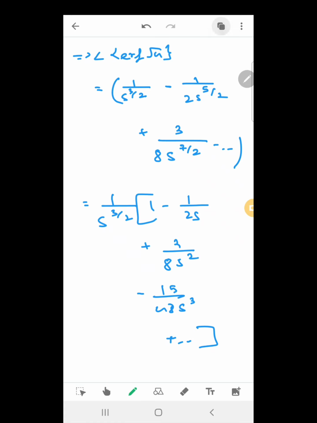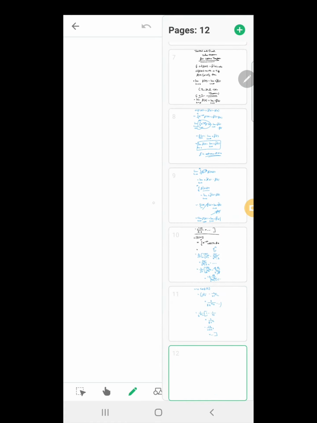Got it? So this gives you another series, which is 1 over s to the power 3 over 2, and this series is 1 plus 1 over s whole to the power minus half. Clear?